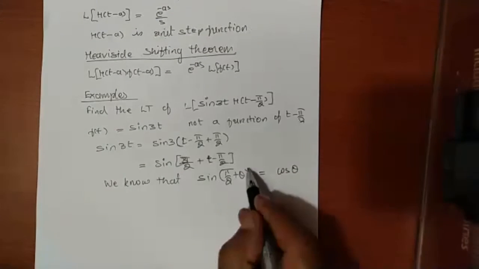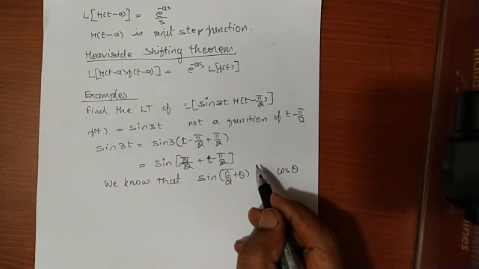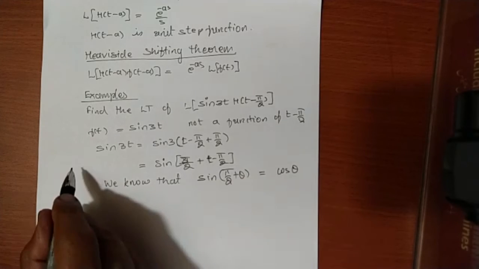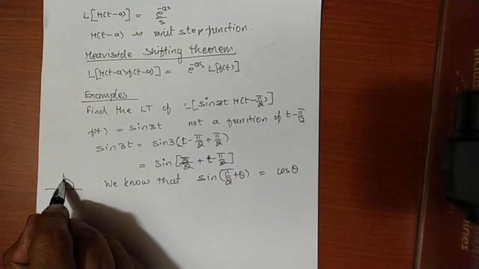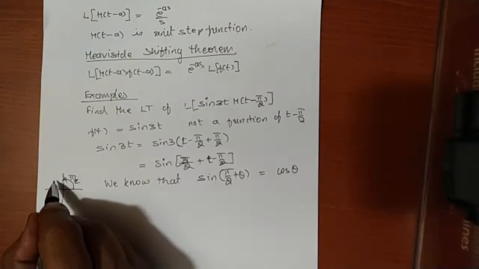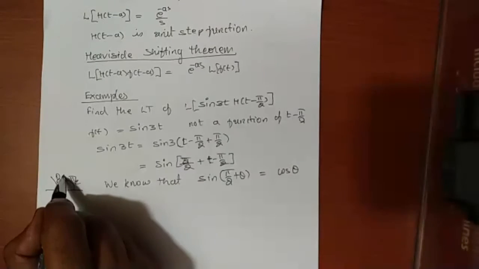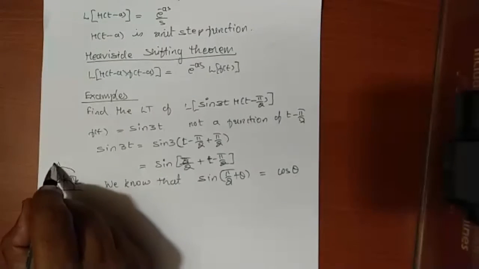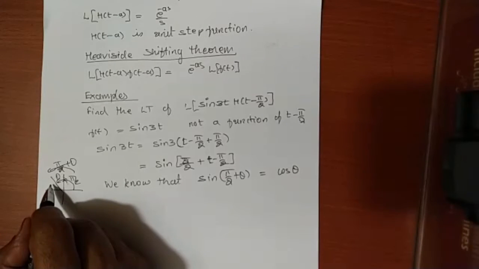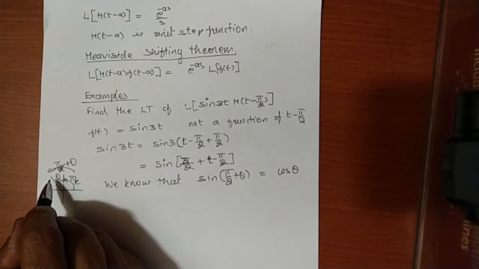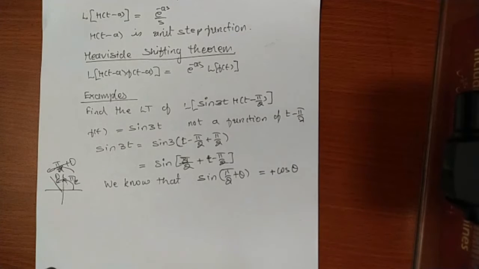Pi by 2 plus theta lies in the second quadrant. In the second quadrant, sine is positive. Therefore, I get plus cos theta.